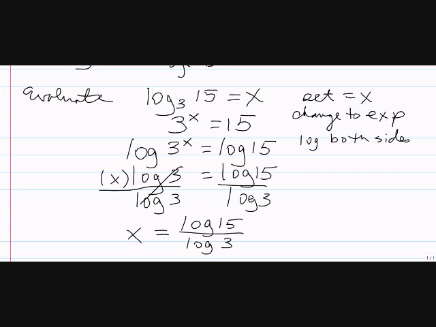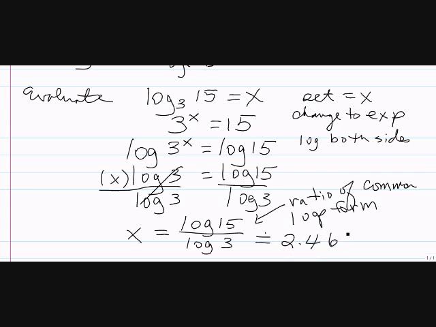And that's how I would write it, as the ratio of two common logs. So I'll call this form ratio of common logs. And that is approximately, I'll throw that on my calculator, and I think I get 2.4650. So log base 3 of 15 is approximately 2.4650.